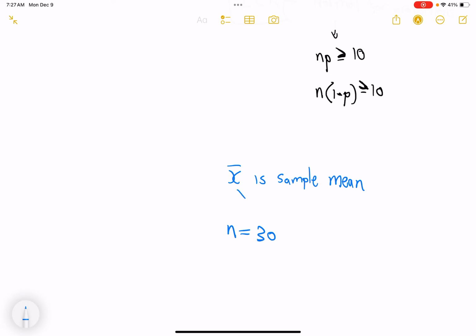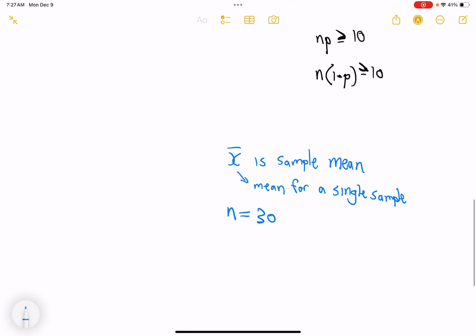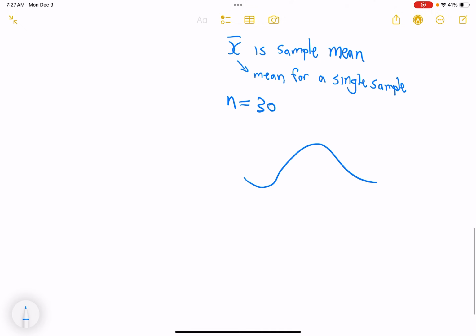The X bar would be the mean for a single sample of 30, right? Where each one of those X bars has a value, and the center of the entire distribution of different sample means going across, this center here would be our true population mean. And that's what we call this.